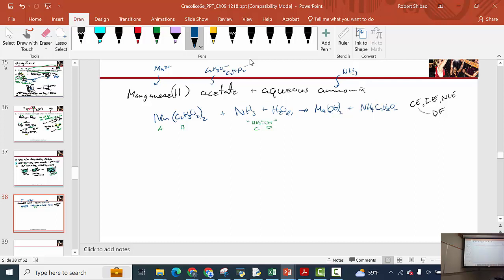And that's because manganese is 2 plus, and that would require 2 hydroxides. And acetate is a 1 minus, that just requires 1 ammonium. Balance that out. Is that what you guys got? I forgot the water. Yeah, the water is kind of critical there.